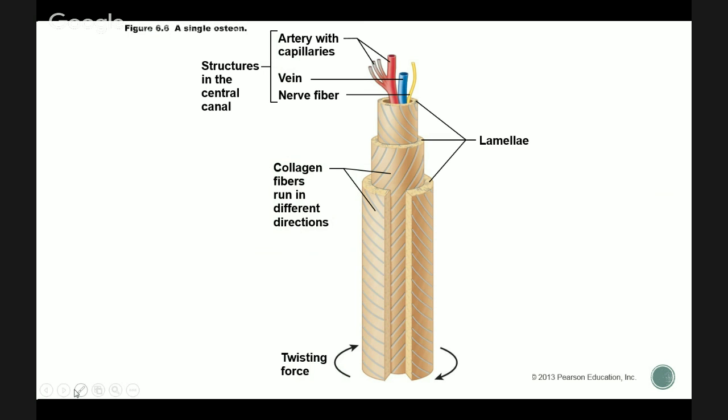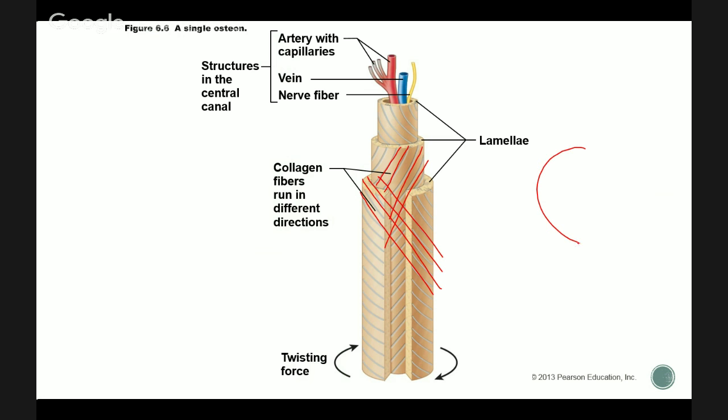let's take a look at the compact bone. What they're trying to show you here are the collagen fibers and how they run in a certain orientation in one layer, and then in another layer they run a different direction. What we're seeing are concentric layers of bone.